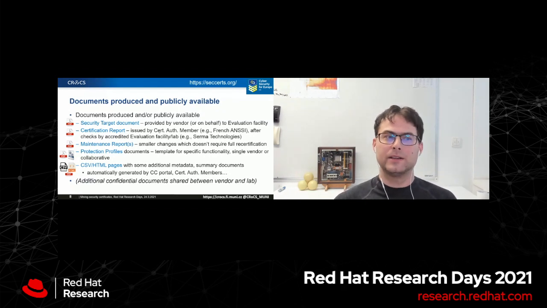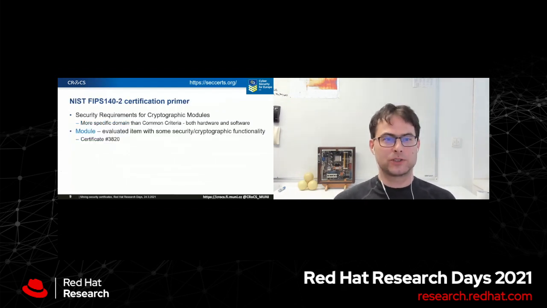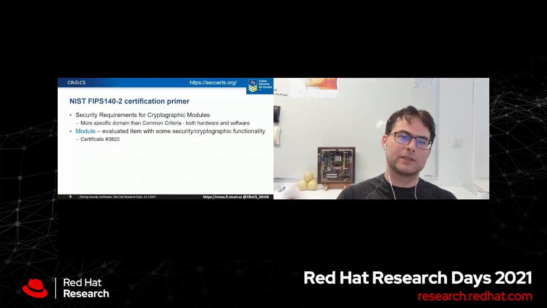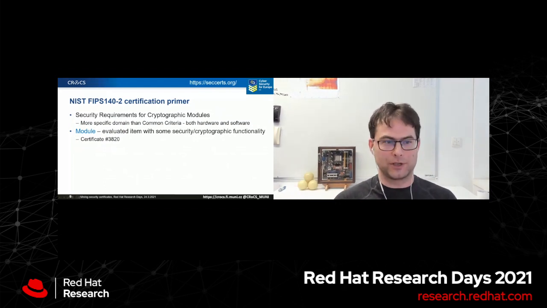So NIST FIPS 140-2, it's quite similar to Common Criteria, but there are some big differences. First of all, it's more specific. With Common Criteria, you can certify basically everything, while FIPS 140-2 is focused on cryptographic modules, so stuff that really handles cryptographic keys and executes cryptographic operations.